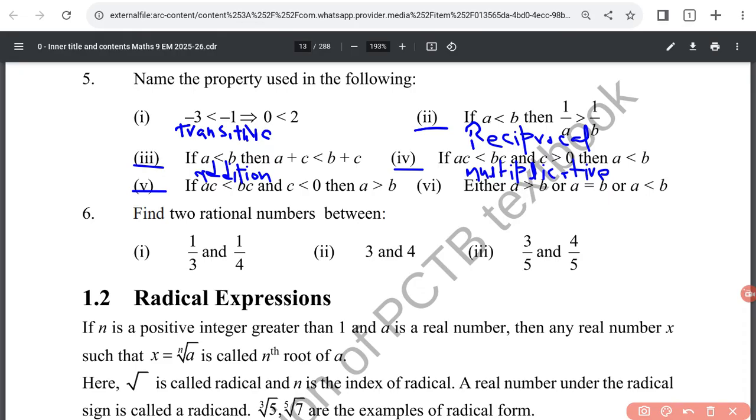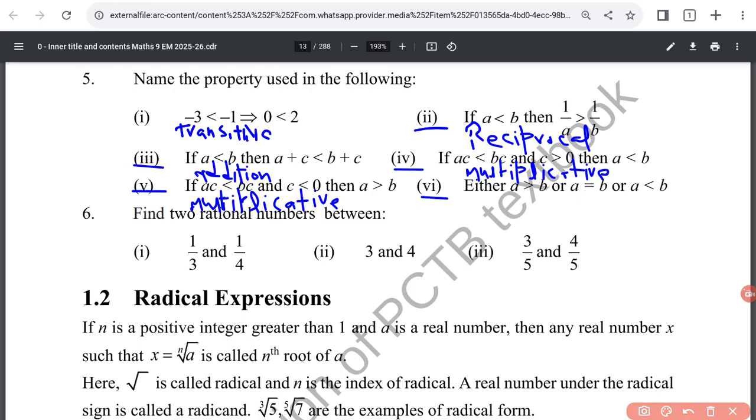If we talk about the fifth one, that is if AC less than BC and C less than 0, then A is greater than B. So it is the multiplication property of inequality.